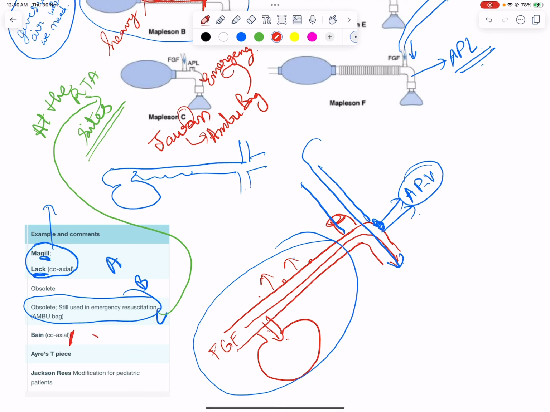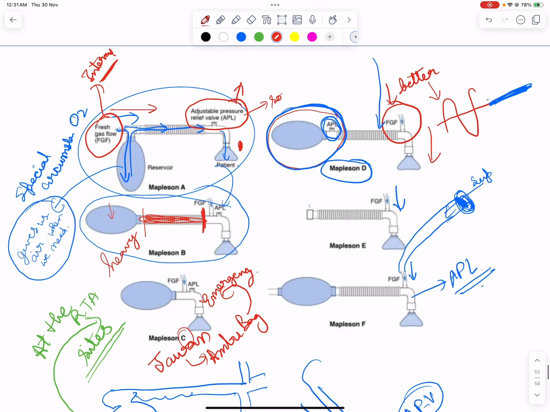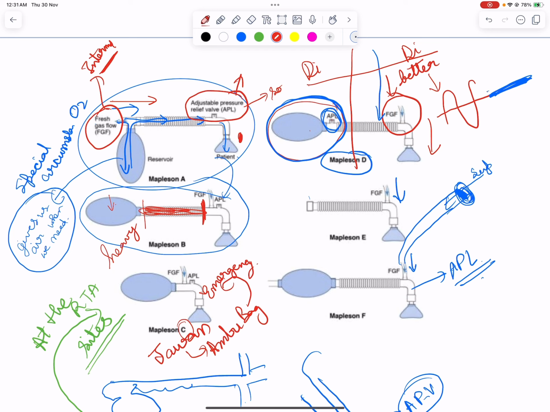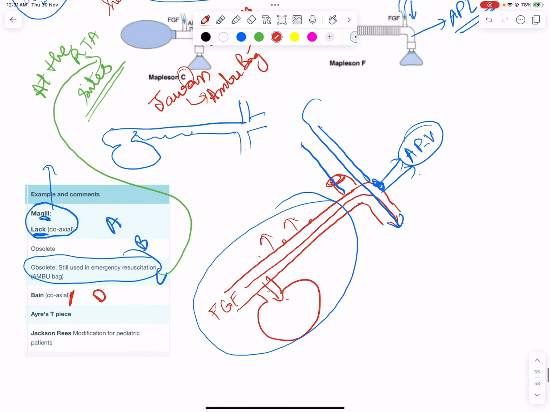Now Bain is for the D. In D, we have to remember that it is die, that is, both are at different places. I mean the bag and APL on one side, and fresh gas flow and the patient on the other side.